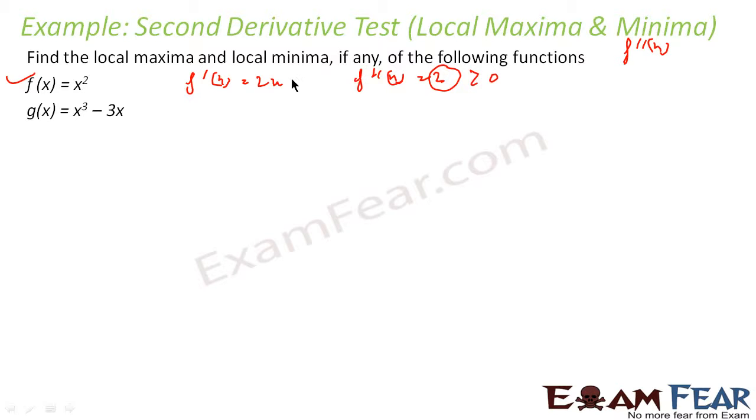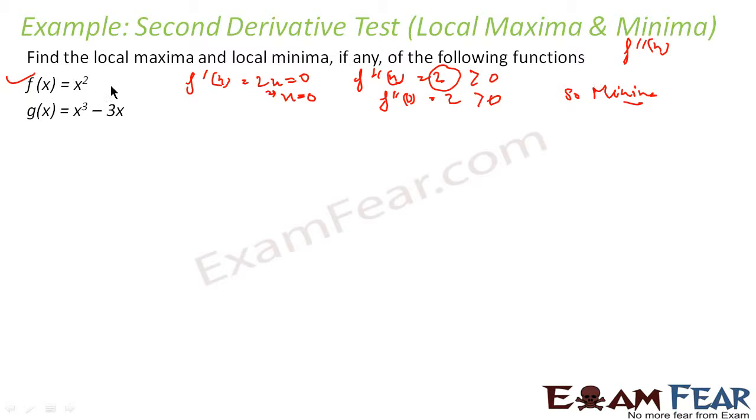If f dash x is 0, I get x as 0, and f double dash 0 is nothing but 2, that is greater than 0. So it is minima. So 0 is a point of minimum.